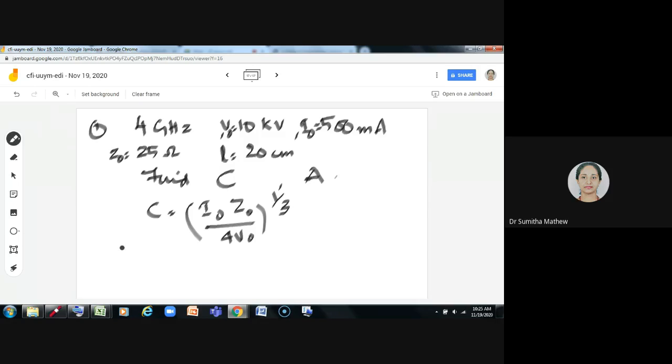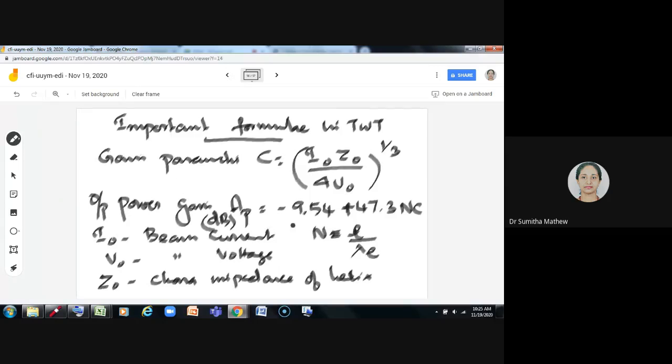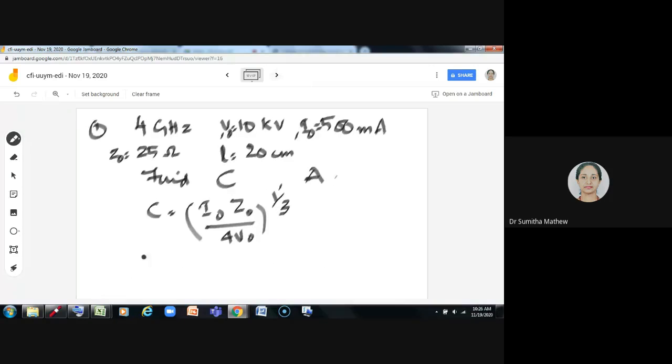Similarly, you are asked to find out A. To find out A, you need the output power gain AP. Now, minus 9.54, you will be getting this in dB only, plus 47.3 NC. N is L by lambda E, which you have to calculate here. L is given, 20 centimeters, by lambda E. Lambda E you also have to find out.